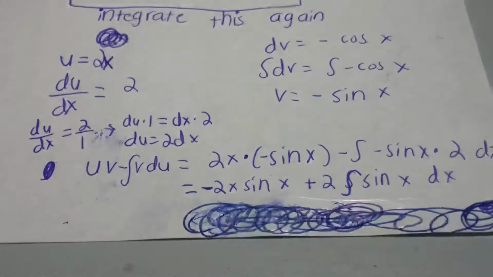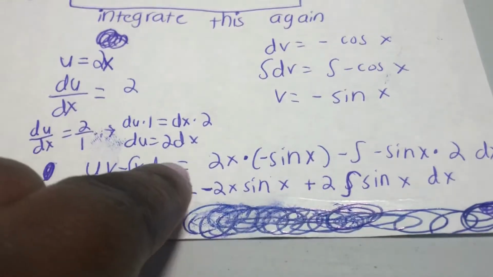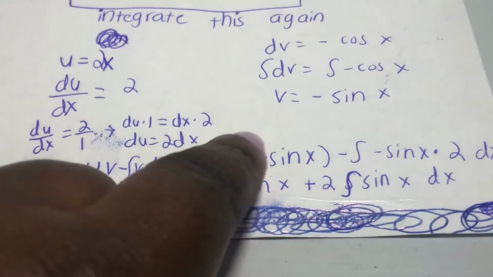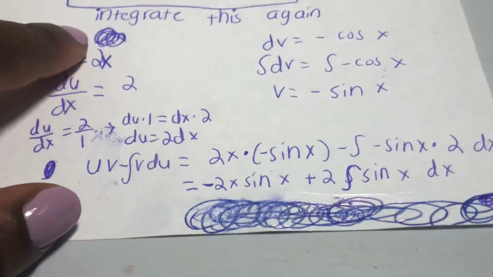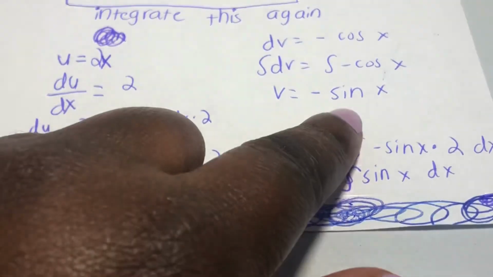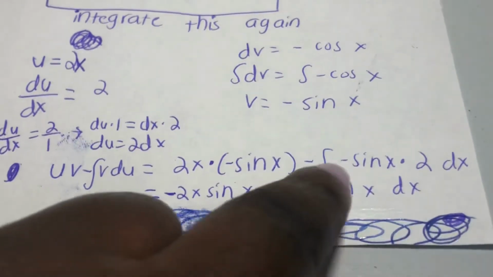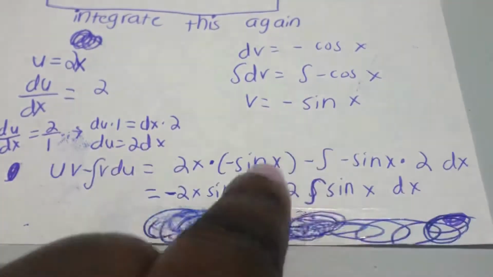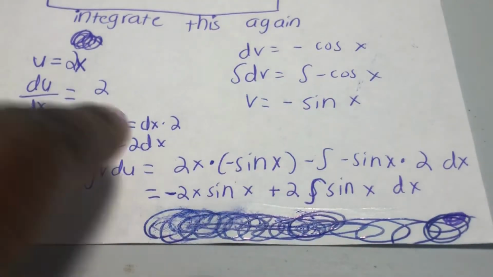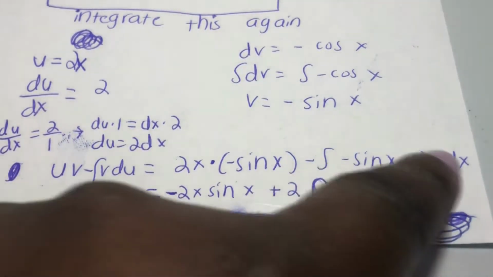Now we can set up the equation and answer again. So here, our uv minus the integral of v du would be 2x times negative sine x, u being 2x and v being negative sine x, minus the integral of v, negative sine x, times du, which is 2 dx. And this we can integrate.